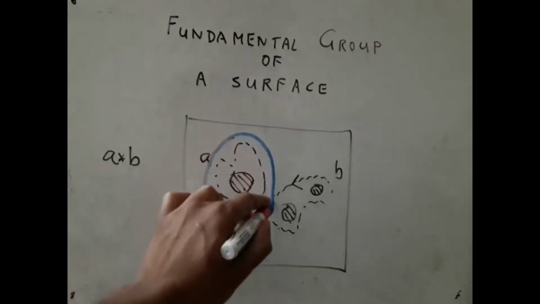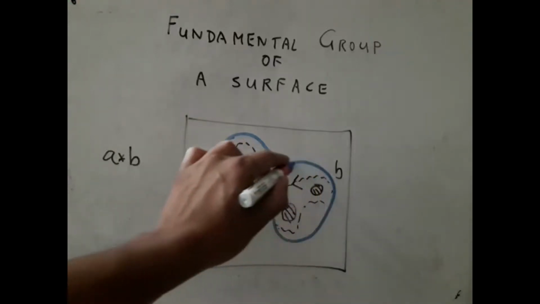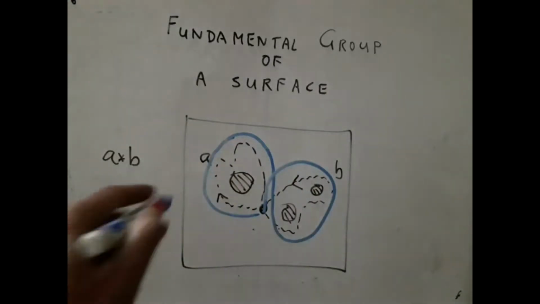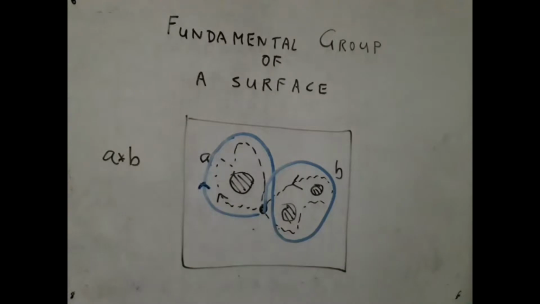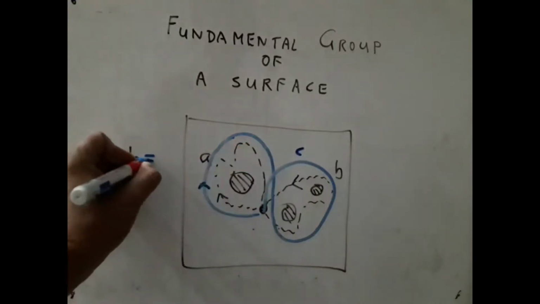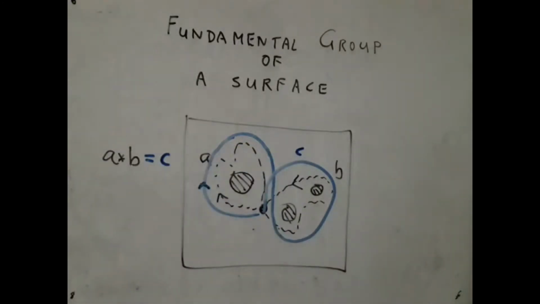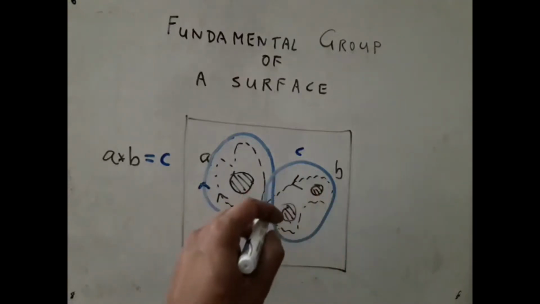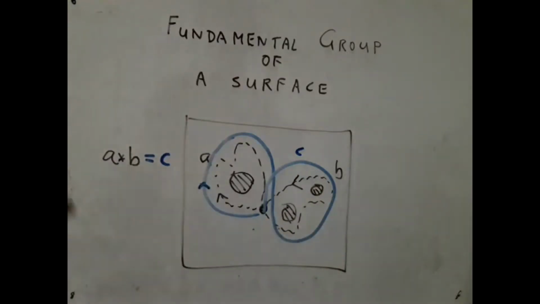So I might as well say this and this and this. So this blue thing followed in this direction is my new path, which is, call it C, then this is equal to C. Now if you do B star A, then you will start with this and then follow it up with A. That will be your B star A.